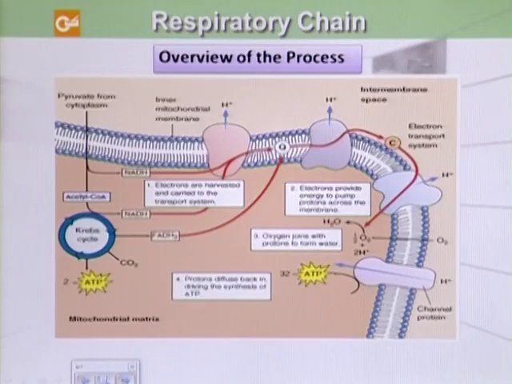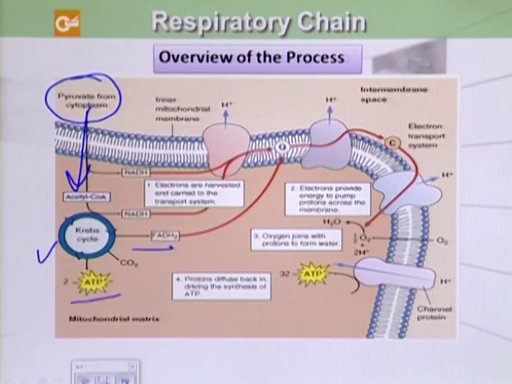And this is showing the overview of the process again. Actually, we will see what happens during the whole process of cellular respiration. The pyruvate is formed during glycolysis in the cytoplasm, and then it is shifted to the mitochondria where the Krebs cycle occurs, and it results in the formation of ATP and certain electron carriers. These electron carriers are then shifted to the mitochondrial membrane, and the electron transport chain occurs here, and electrons are harvested and carried through this whole transport system.